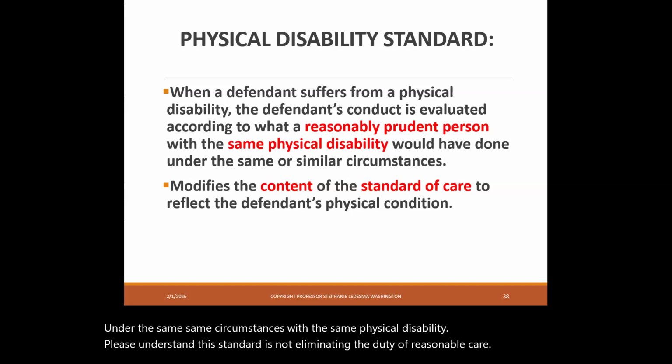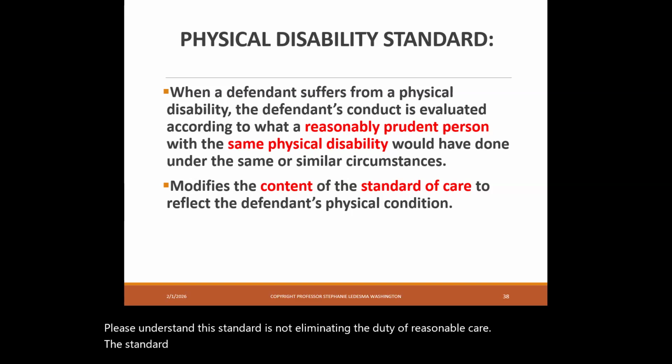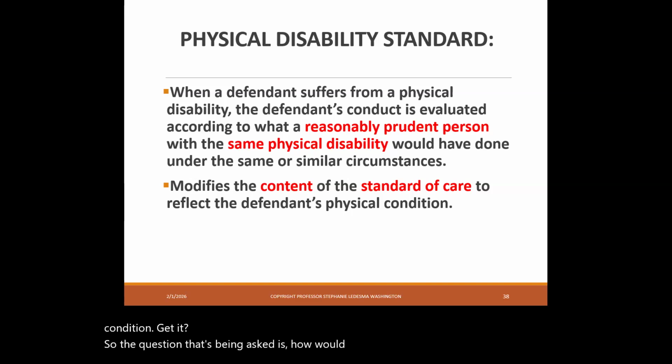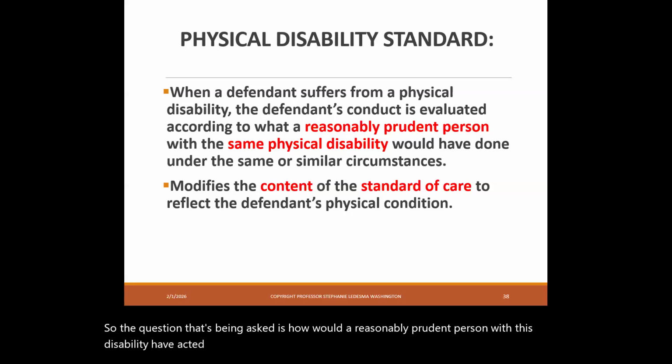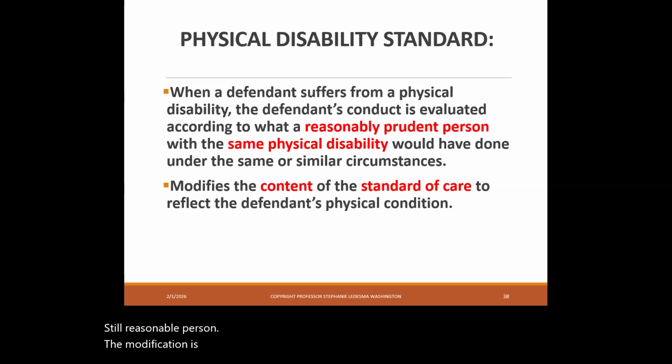The standard is modifying the content of the standard to reflect the defendant's physical condition. Get it? So the question being asked is, how would a reasonably prudent person with this disability have acted under the same or similar circumstances? Still, reasonable person. The modification is in the characteristic of the comparator, right?